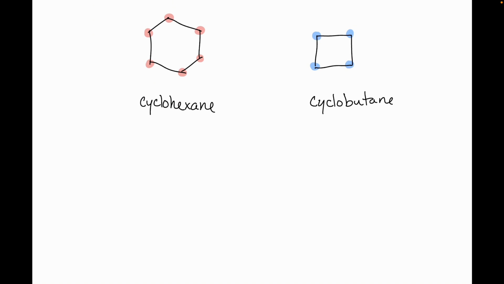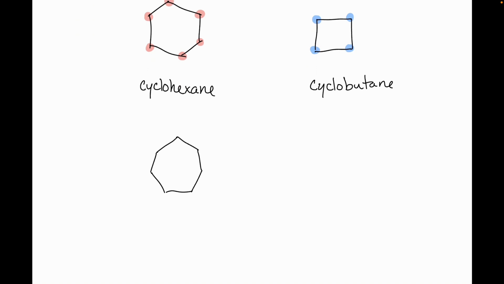All right, the impossible one to draw is the 7-sided ring. And so if it's 7, then yep, it would be a hept. So cycloheptane, 1, 2, 3, 4, 5, 6, 7. So if you have your shape fully connected like that, it's cyclo? It's cyclo, it's a ring, yep.